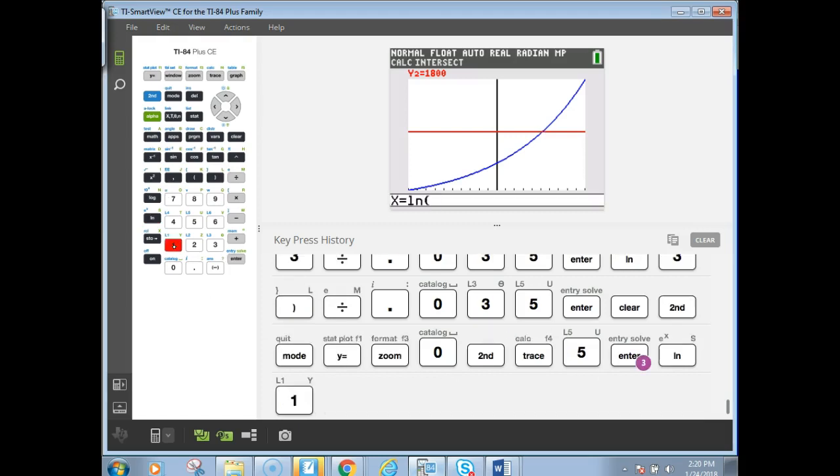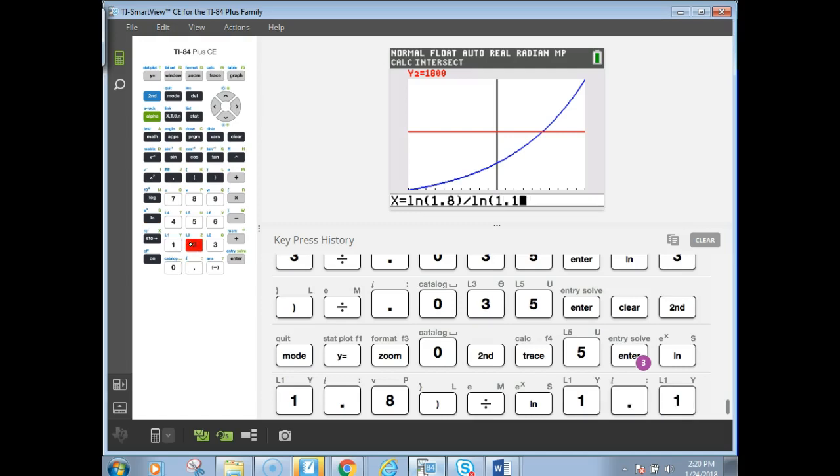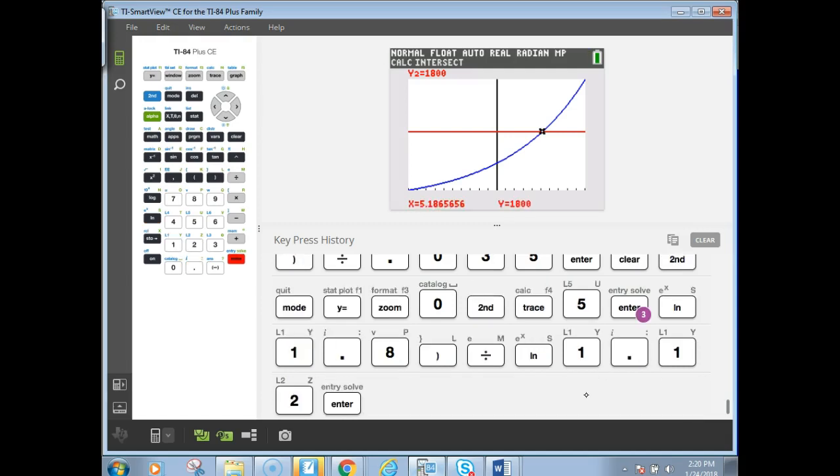If you can do natural log, or you can do the logarithm, divided by the ln of 1.12. And there you go, 5.18, exact same answer we got moments ago.